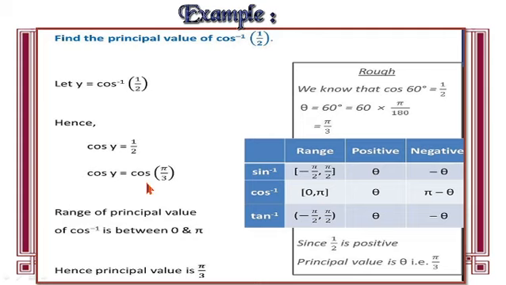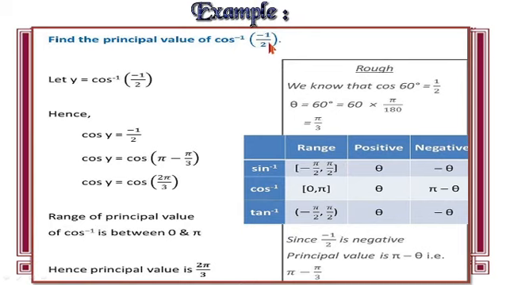So half we can write as cos pi by 3, and the range of the principal value of cos inverse is between 0 and pi. This is the range. So yes, our angle is definitely between this range 0 to pi. So the principal value is pi by 3.